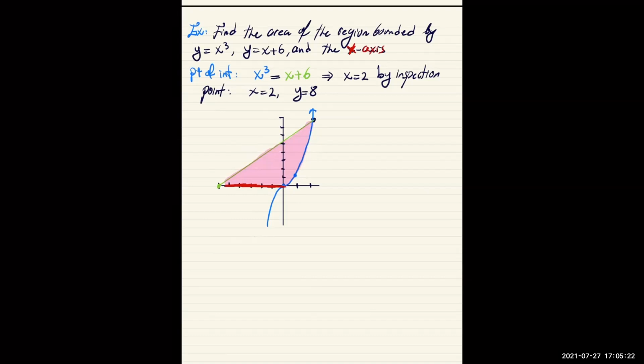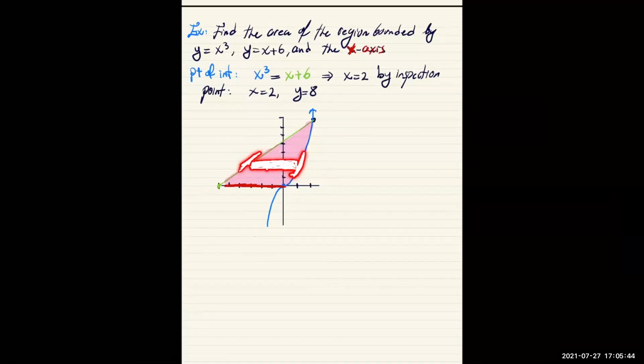But if I draw my rectangles horizontally like that, regardless of where I draw, the left and right boundaries are always the same. Here the right boundary is the blue graph, the left boundary is the green graph. No matter where I draw it, same thing.